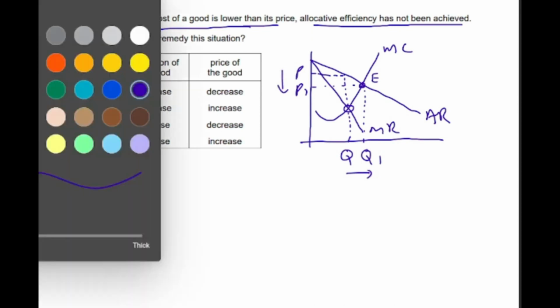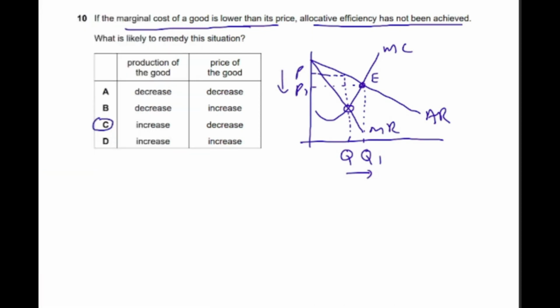One more thing, the examiner is asking about the marginal cost as well. So marginal cost is lower than price for output Q. For output Q, marginal cost is this much, and price is this much. So price is greater than the marginal cost, right?